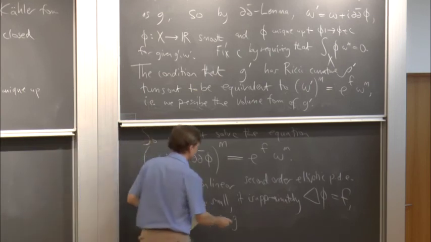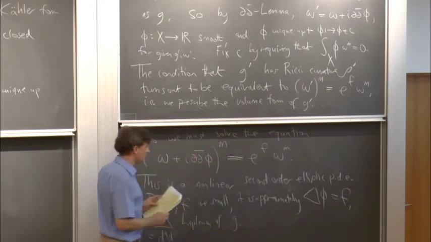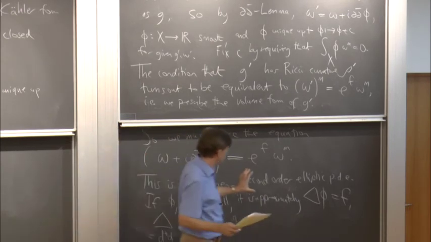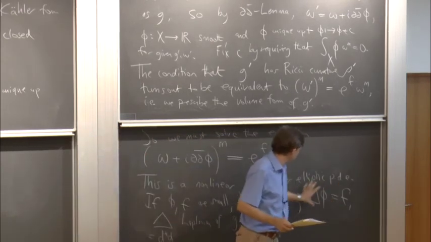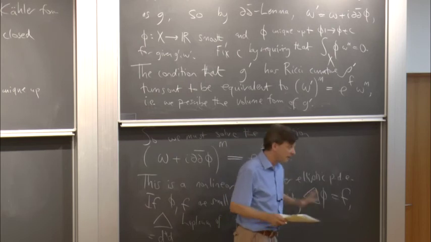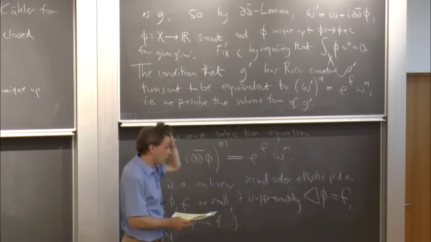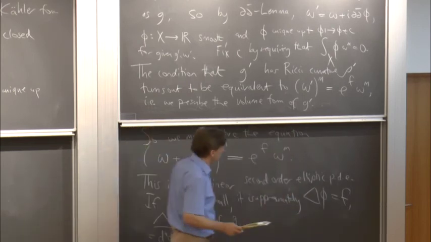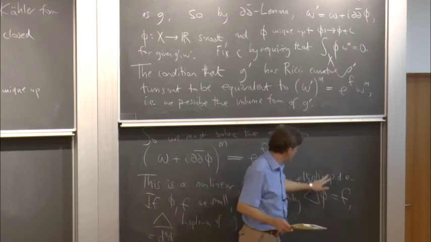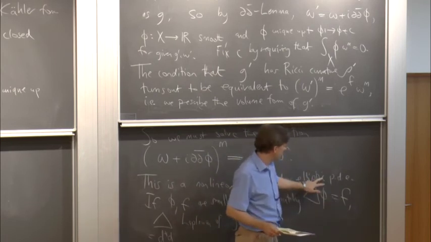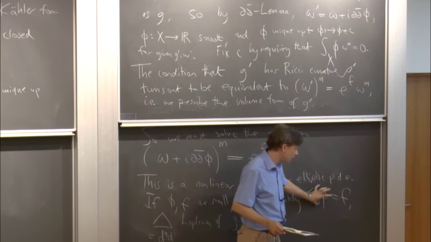Okay, so now actually we know a lot about the existence of solutions of the Laplacian of φ is f on a compact manifold. In fact, if the integral of f is 0, then a solution φ exists, and the solution φ is unique provided the integral of φ is 0.